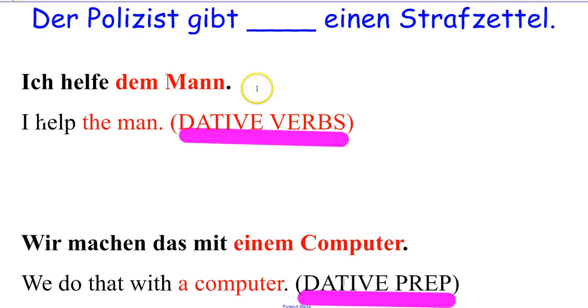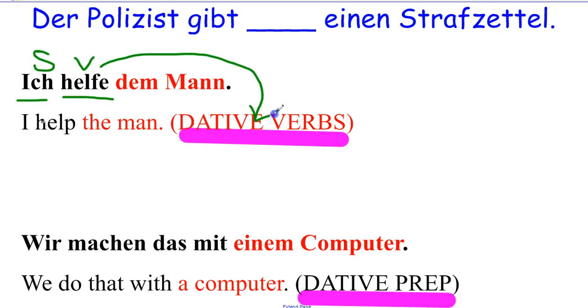I help the man. Well, we ask ourselves, what is the verb? Helfen, to help. Who or what helps? I help. Anything special about this verb? Is it a linking verb? It's a dative verb, which means this automatically becomes dative.